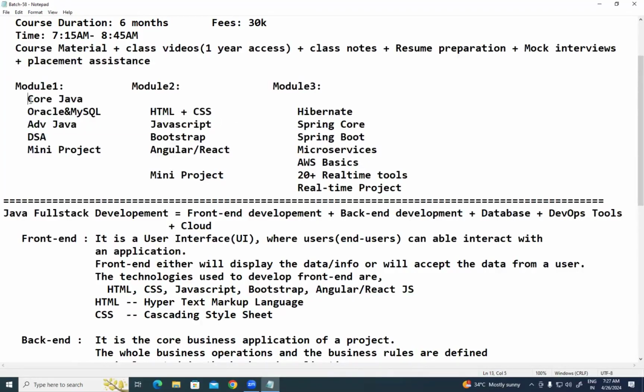Once you know core Java, database, and advanced Java, you can enter into these frameworks.